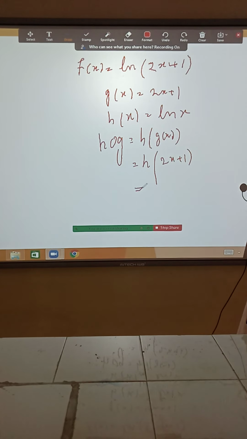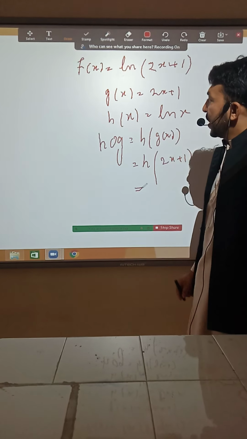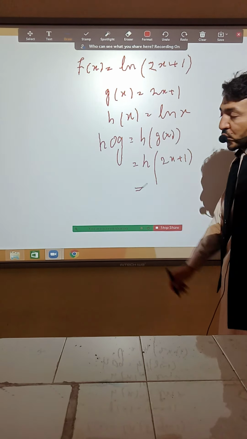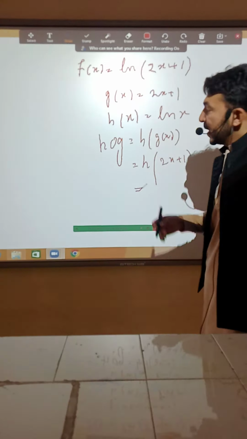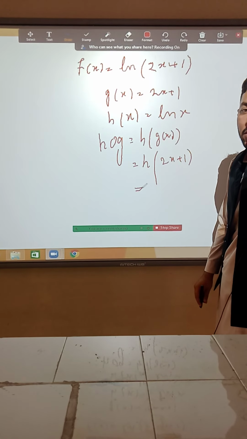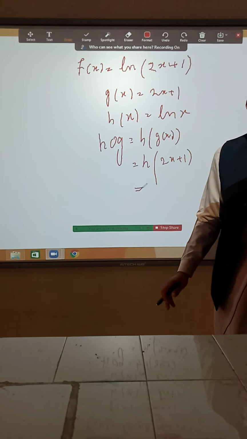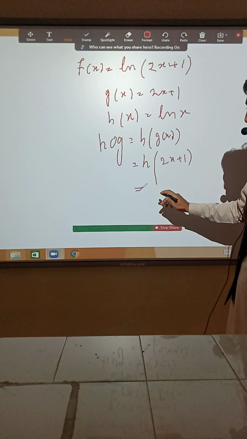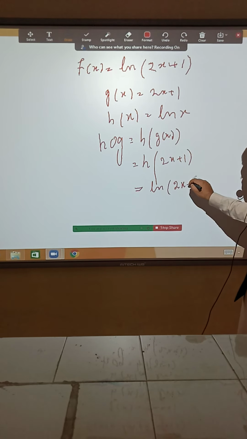And what is the definition of h? When you need to calculate the range of the function h, the definition says that for the value which you put in the domain, you need to take the ln of that value. So to calculate the range for 2x plus 1, you need to take the ln of 2x plus 1.